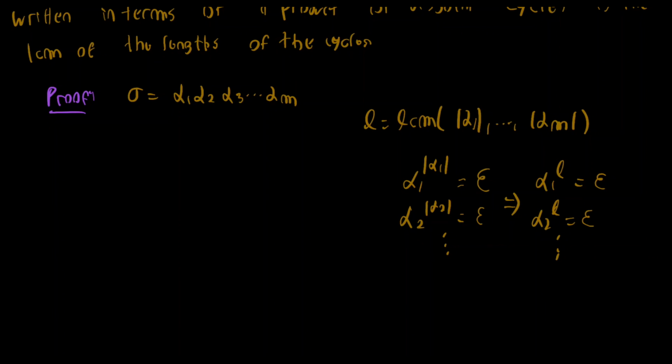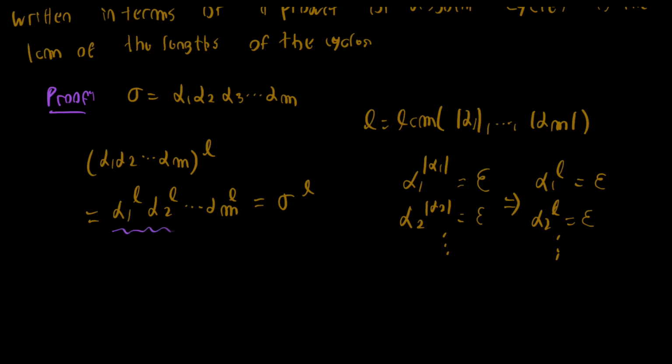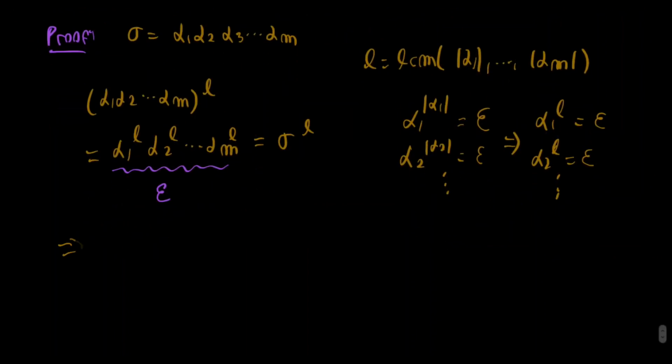Now, not only do we know this, but since α_1 up to α_m are all disjoint cycles, and by the last video we know that disjoint cycles commute, this implies that σ^L is equal to α_1^L, α_2^L, up to α_m^L. But all of these cycles raised to the L are just the identity, and so this in total is just the identity permutation. So σ^L is the identity permutation.